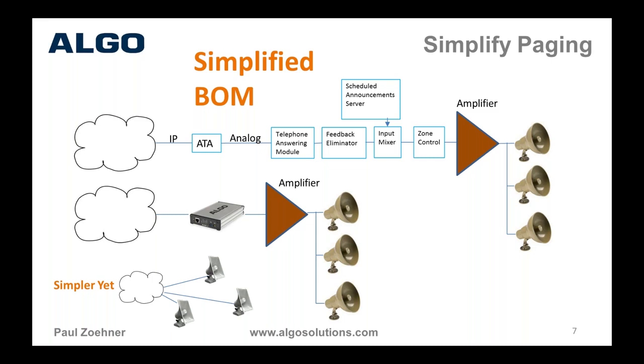It was less expensive and had more capability. And at the bottom, of course, had they gone pure IP, it would have been simpler yet. In this particular case, this customer actually did decide to use IP ceiling speakers as part of their solution. So I just wanted to show how IP enabling an existing amplifier can actually simplify things at the front end.